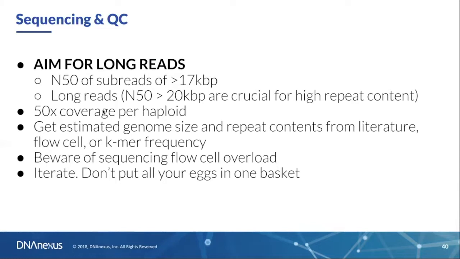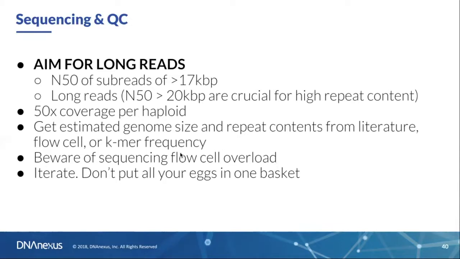Also, it's important for you to estimate the genome size from your sample first before you run genome assembly, because the genome size and the repeat content are going to be very important in the parameter setting later on. Usually we can get the estimated genome size and repeat content from the literature, but in case you don't have access to that, you can try to use data from some wet lab experiment.